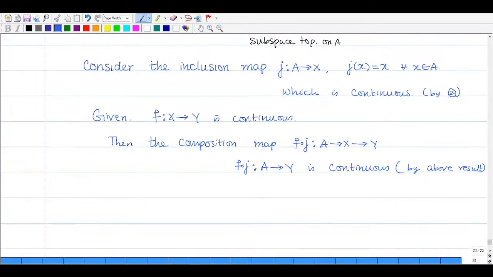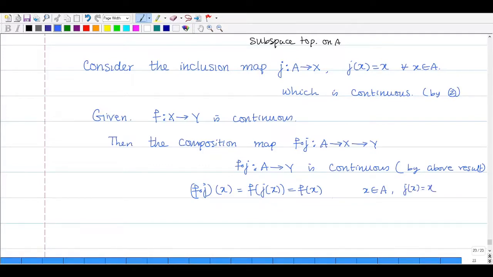So what is f composition J? f composition J of x equals f of J of x, which equals f of x. Why? Because x is in A, therefore J of x equals x.